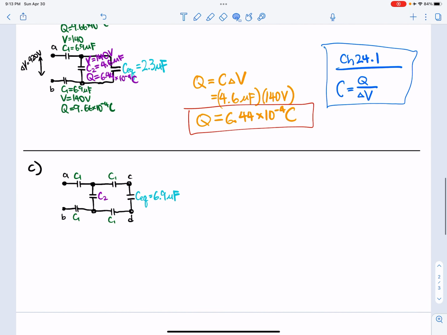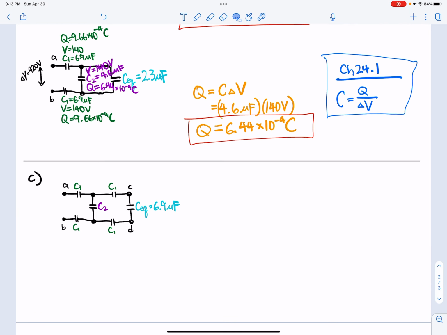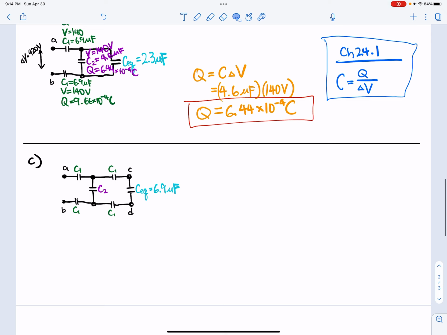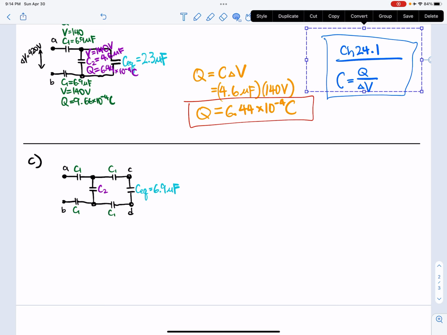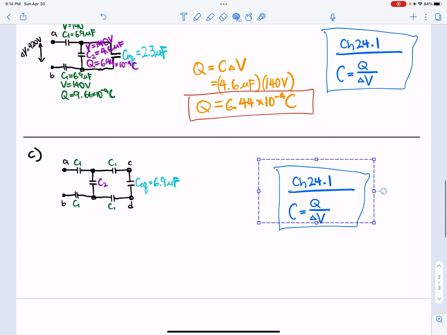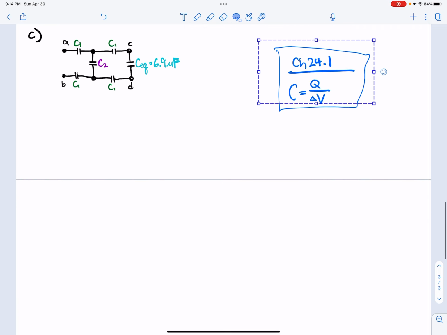All right. Again, using this formula from chapter 24, section 1, the definition of capacitance is equal to charge over potential difference.